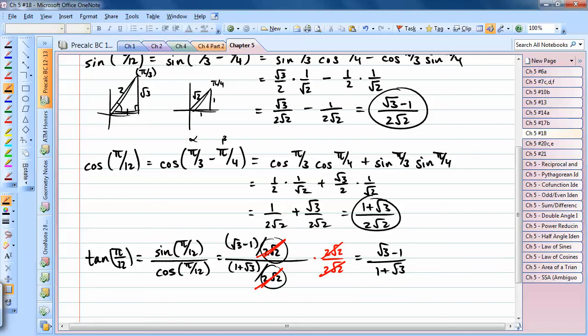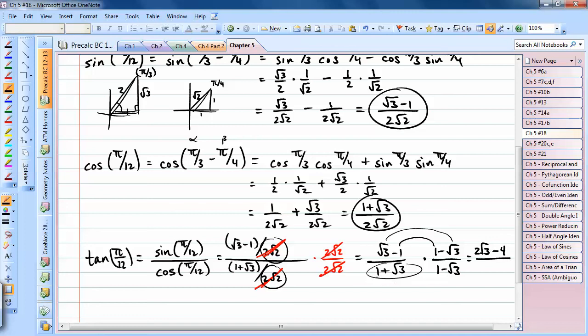Turns out you can simplify this one a little bit. You can multiply by the conjugate of the bottom. So that would be times 1 minus root 3 over 1 minus root 3. And if you work this out, then the numerator, let's see, what do we get here? Root 3 plus another root 3 is 2 root 3. We get negative 1 there and negative 3 there. So I'm subtracting 4.